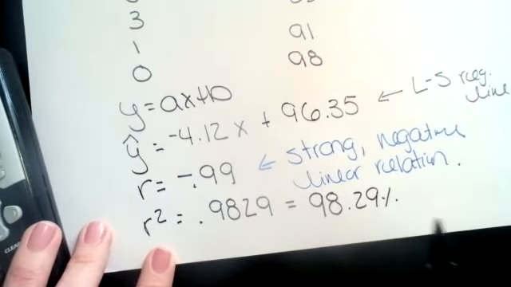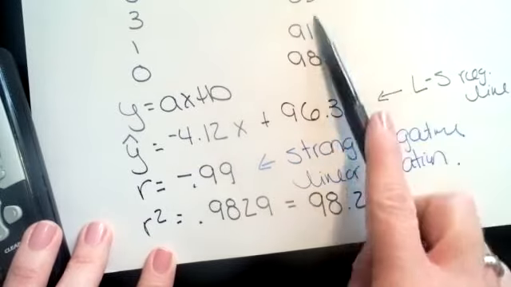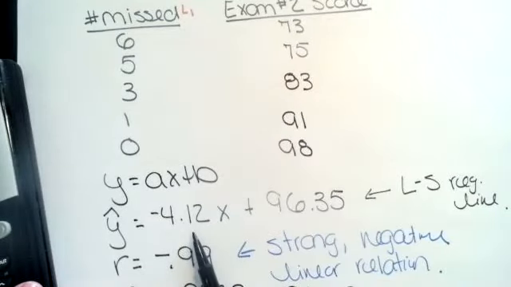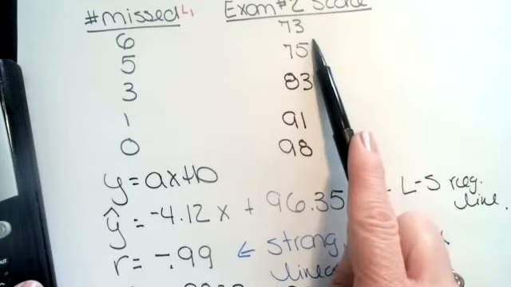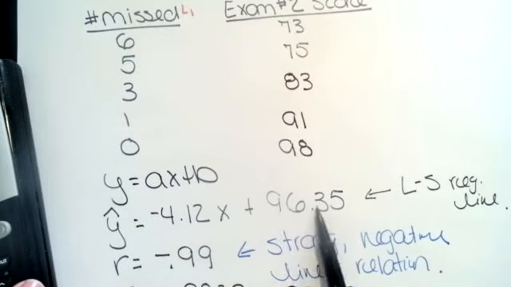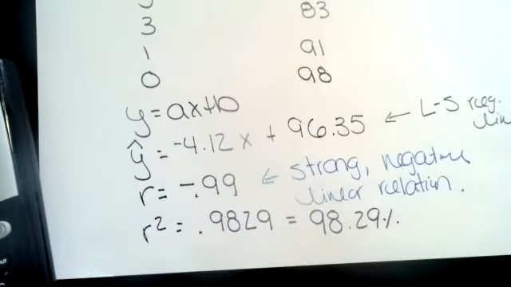And what this says is that 98.29% of the variation in my Y, my exam 2 scores here, is being explained by my least squares regression line right here. Okay, so variation in these scores is being explained by this line. That's what this R squared value stands for.